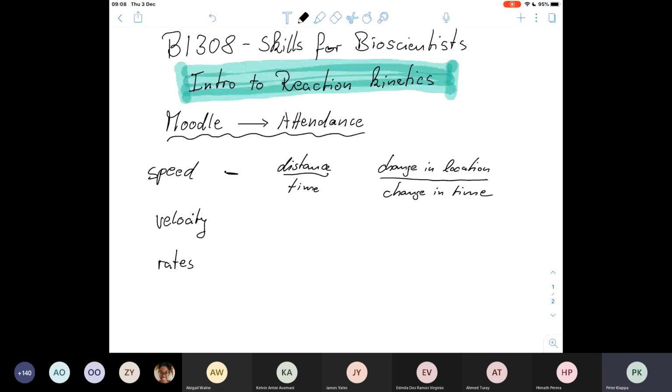And what is velocity then? Yeah, you could say displacement per change in time, pretty much the same. Velocity is also, let's be more general, change in something per change in time.